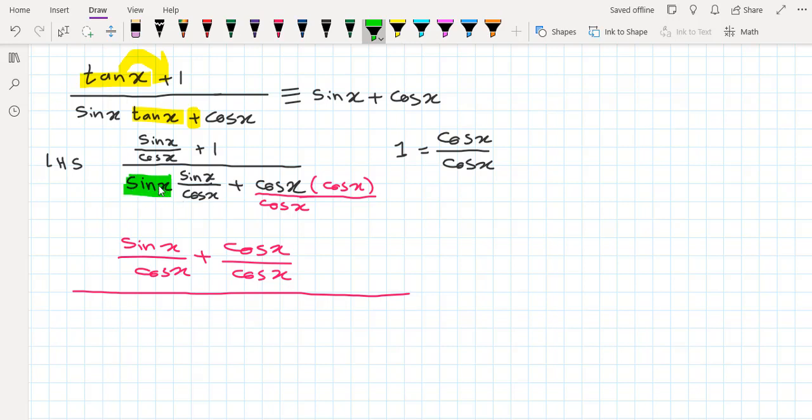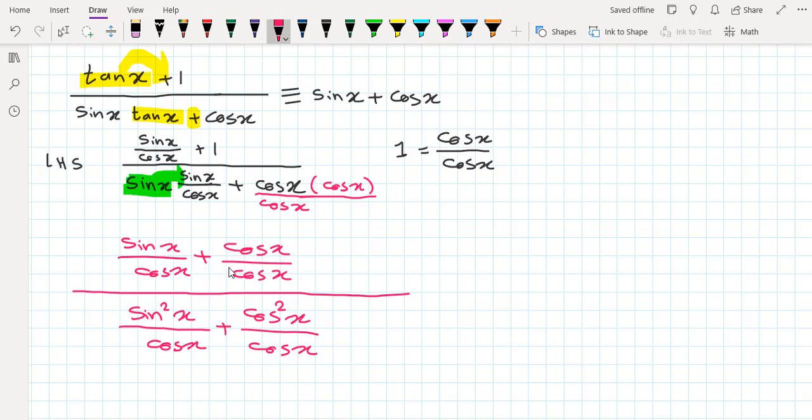In this case, we have sine times sine, which is sine squared. So sine squared x over cosine x plus cosine times cosine, which is cosine squared x, over cosine x.